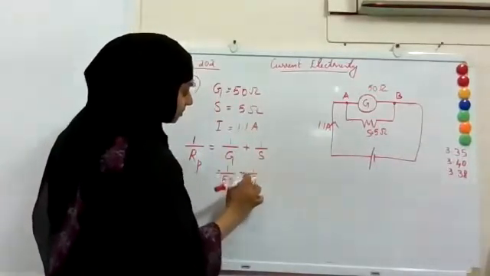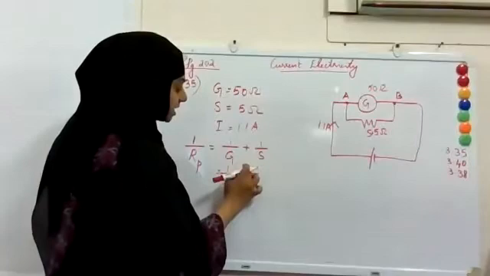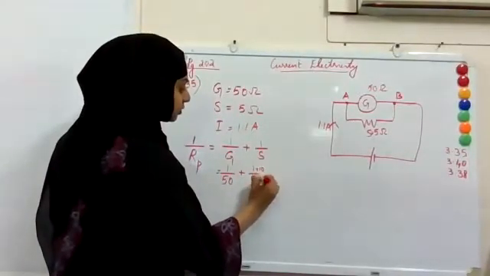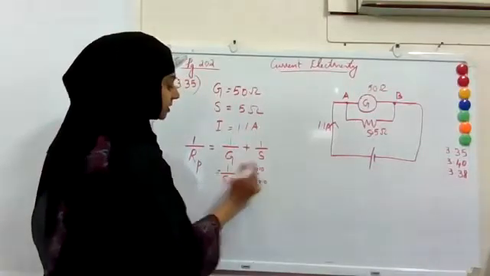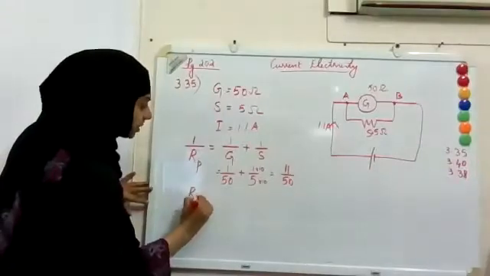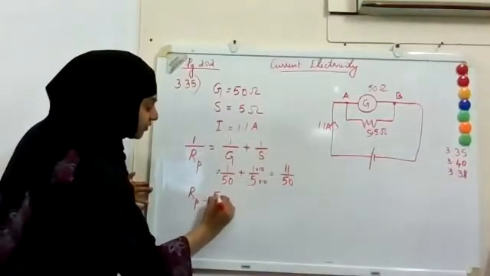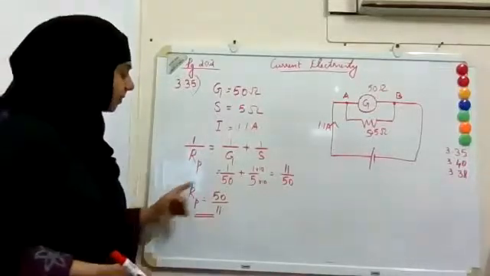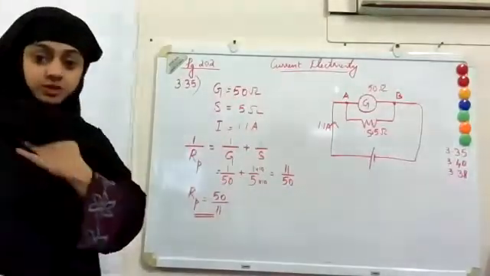To make the denominator the same, I multiply by 10. So the result will be 10 plus 1, that is 11 by 50, or Rp will be equal to 50 by 11. This is the parallel resistance.